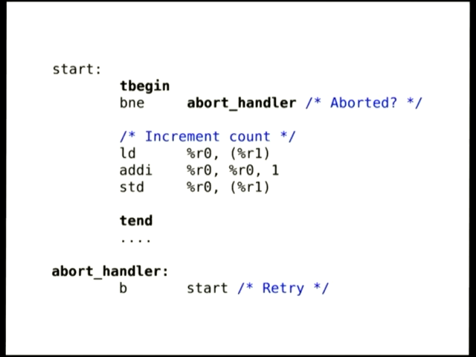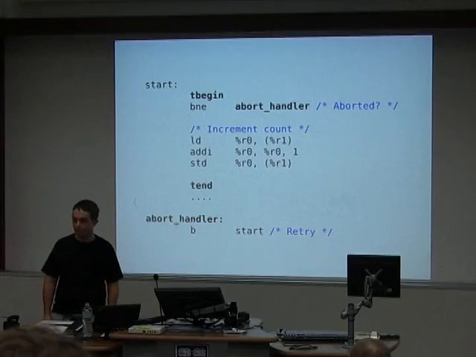The first time through when you're transactional, it doesn't take that conditional branch. You do your load, add, store here, and hopefully you commit the transaction at the tend. Again, if you have any sort of abort anywhere in here, the hardware can just roll back and decide, I need to go back to the abort handler. It'll roll back all of the state that you have, and the abort handler just does a retry.